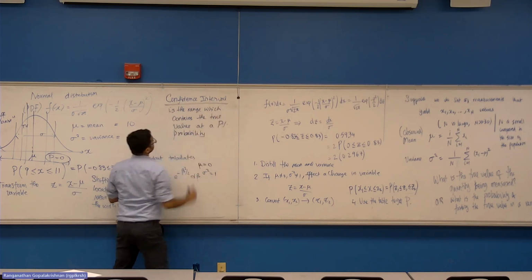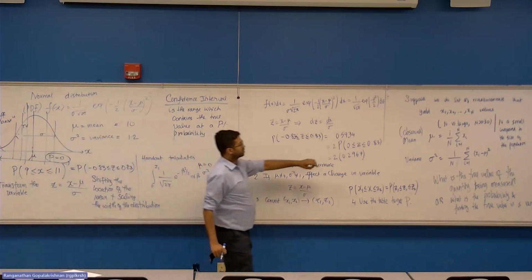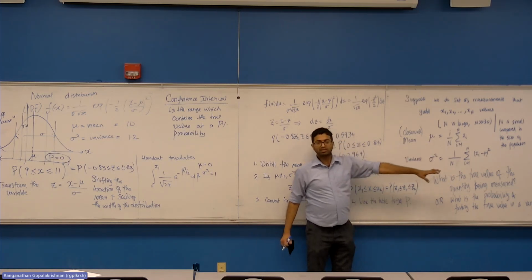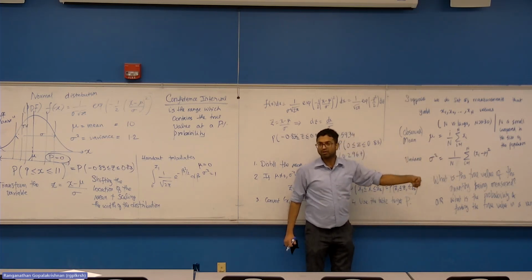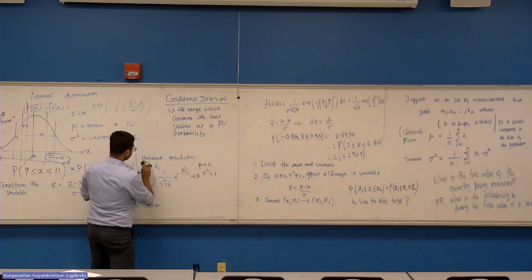We define this interval called the confidence interval. When you are in the lab making measurements, you get a mean and standard deviation. That alone doesn't define your measurement. You still have to do statistics to understand what the confidence interval is.